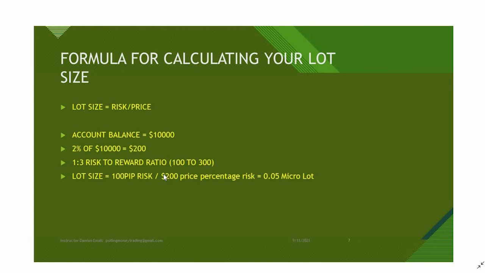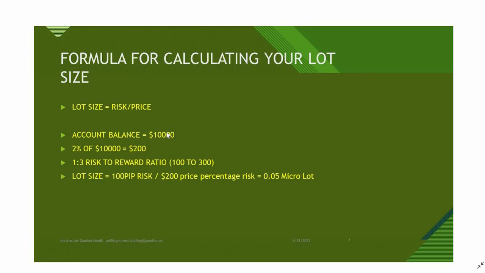What we would do is, the formula for the lot size is lot size equals the 100 pip risk that we are risking, divided by the price, which is 200. So we divide the risk by the price, which is 200, and it equals 0.05 micro lot, right? So that is how you get your lot size for this particular trade.